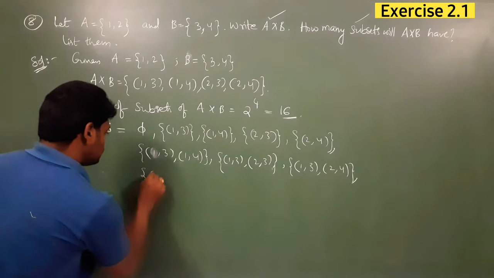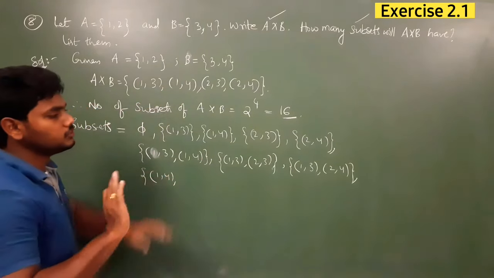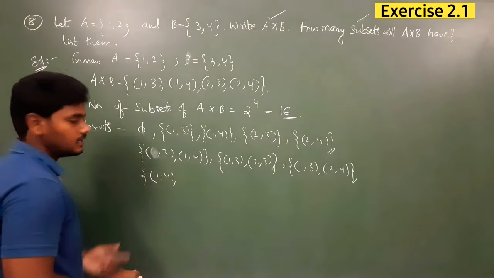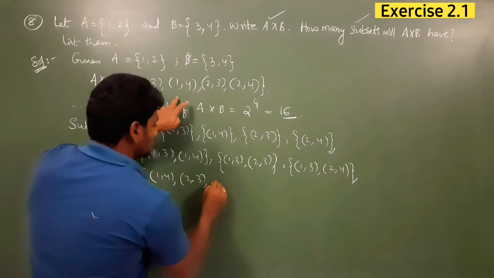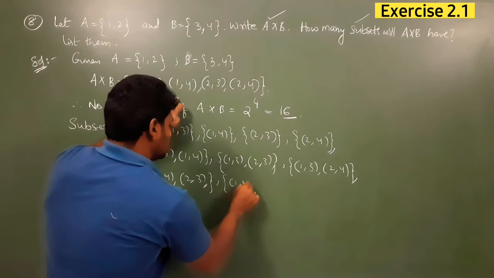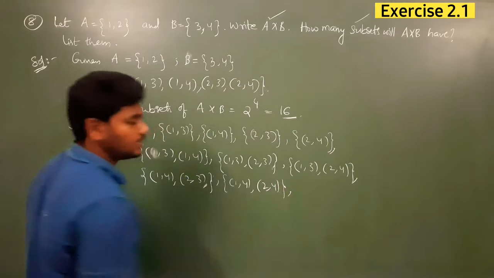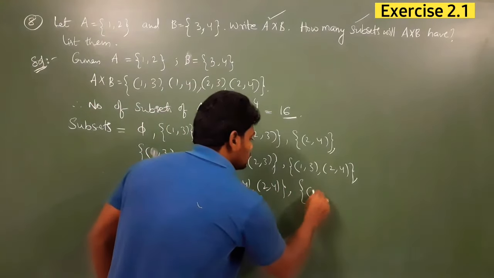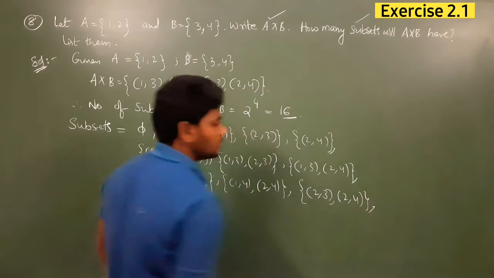Next with (1, 4), and again (1, 3) we shouldn't write. Why? Because {(1, 4), (1, 3)} it will be same only, right? So {(1, 4), (2, 3)}. Next {(1, 4), (2, 4)}, right? Next with (2, 3): that is {(2, 3), (2, 4)}, right?